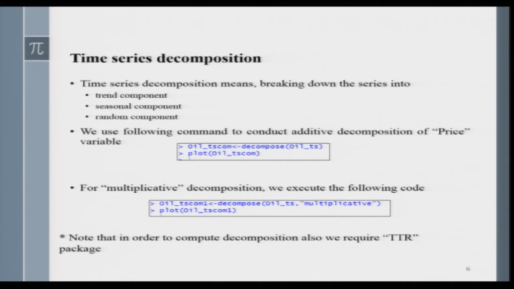Now, note that if I want to go for a multiplicative decomposition, the code will remain almost same, except for the fact that now you have to specify that multiplicative term in that command within inverted quotation, so that the software will understand that you are now asking for multiplicative decomposition. So, the default is additive.